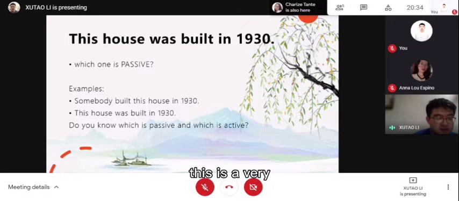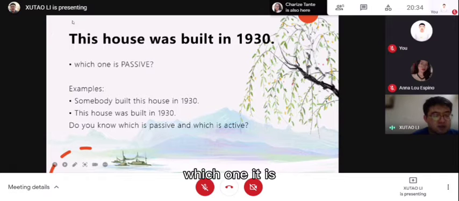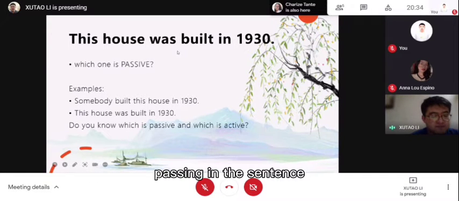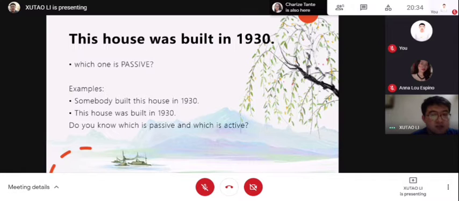This is a very simple sentence. Could you guys guess which one is passive in this sentence? Which part is passive?